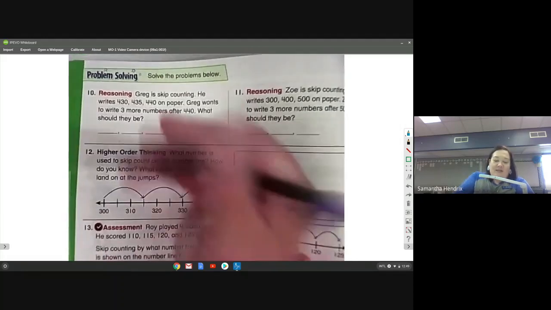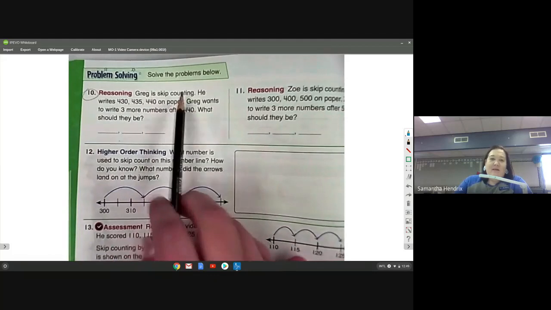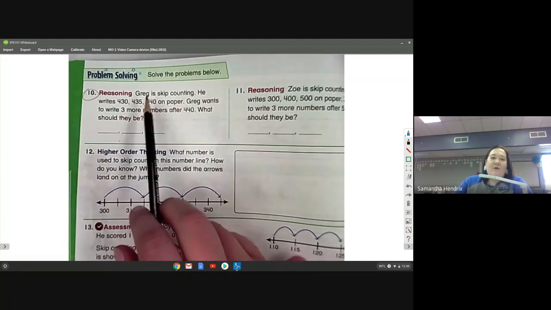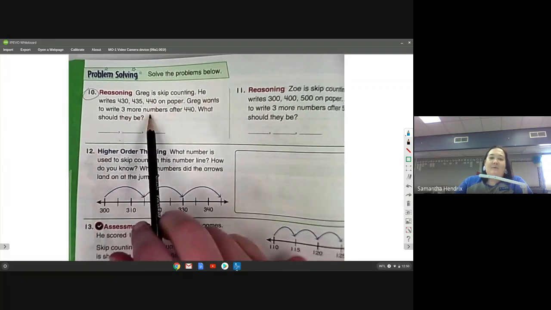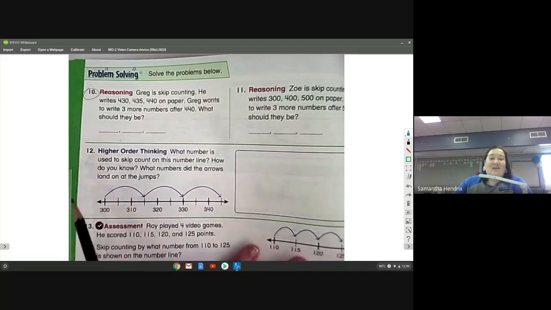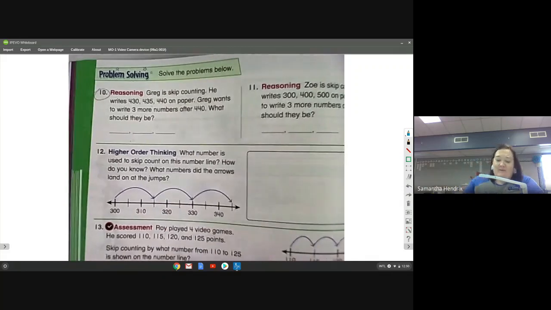Let's look at number 10 together. Greg is skip counting. He writes 430, 435, 440 on paper. Greg wants to write 3 more numbers after 440. What should they be? So he's counting by fives. That's where our ones digit increase is 0, 5, 0, 5, 0, 5.